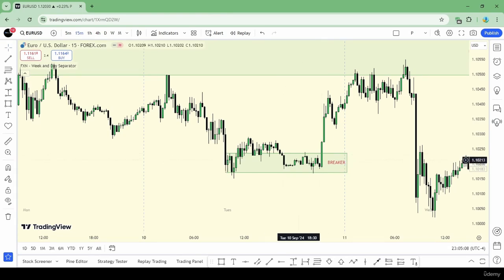So we want to enter the high of this breaker during the session. When the market here, we can see it was also off session, but we want to enter at the high of this session zone. So it's around here.